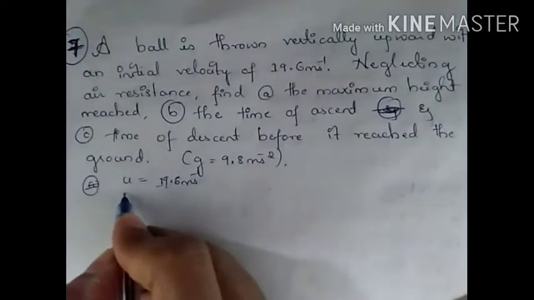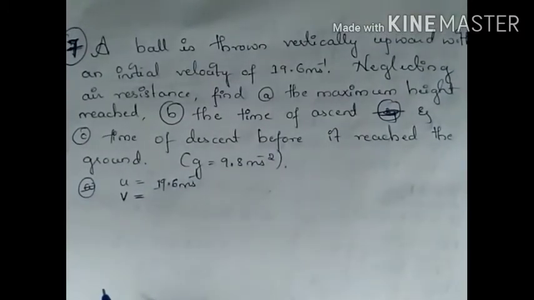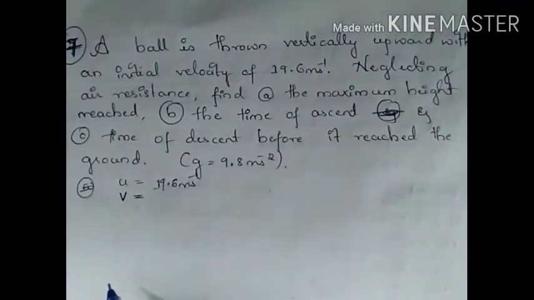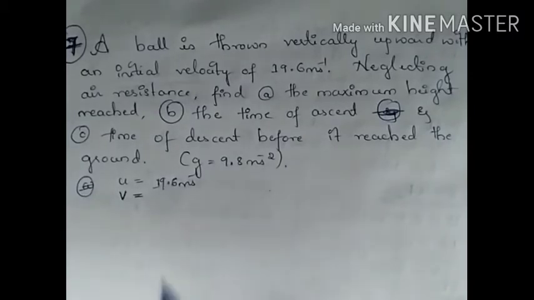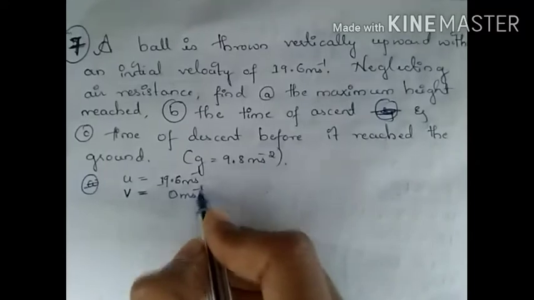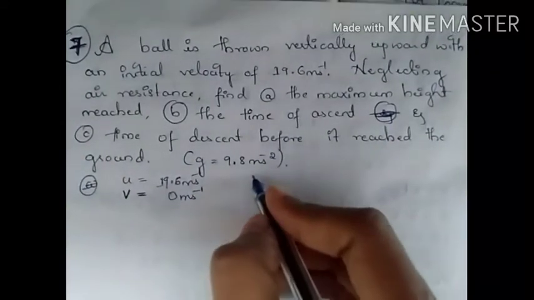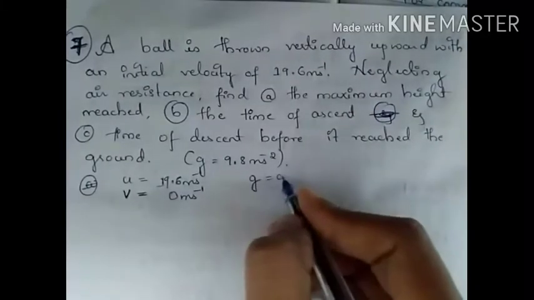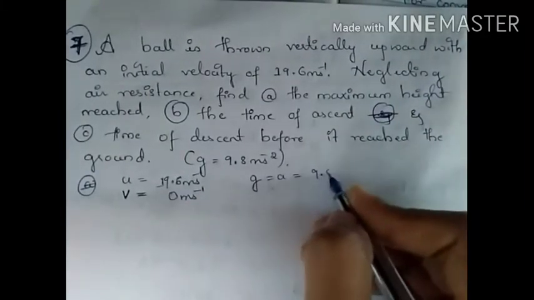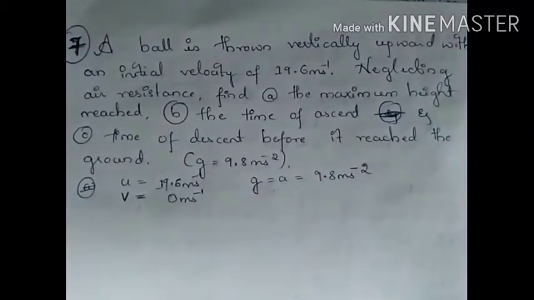So what will the final velocity be? After reaching a certain height, the velocity of the ball becomes 0 and then it comes back to the ground. So the final velocity is 0 meters per second, and the acceleration due to gravity g, or a, is 9.8 meters per second square.